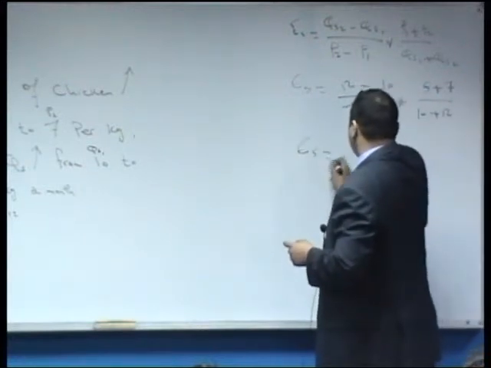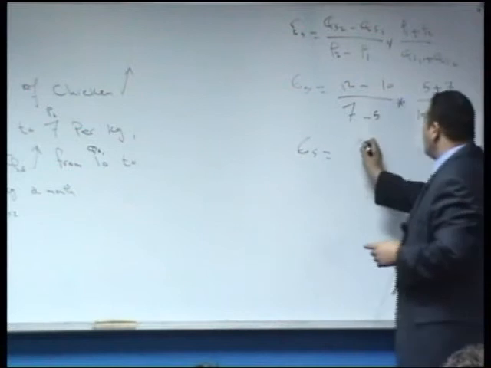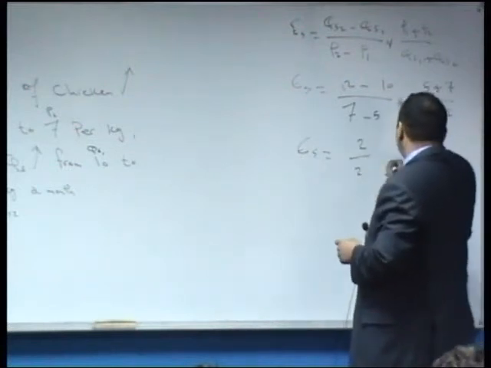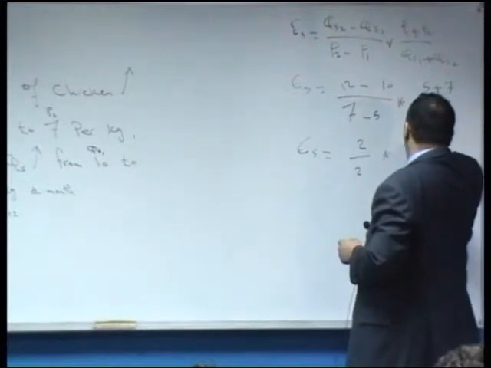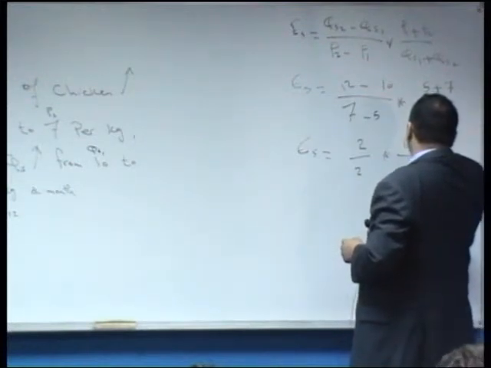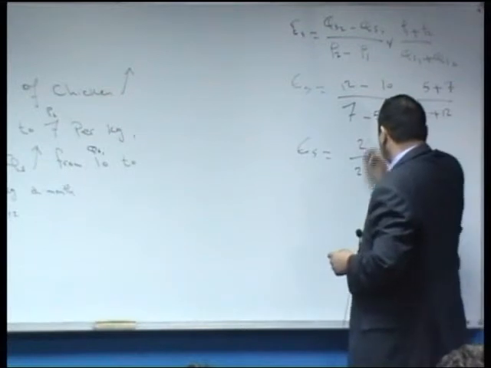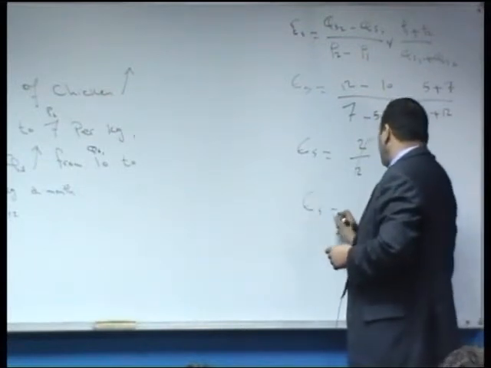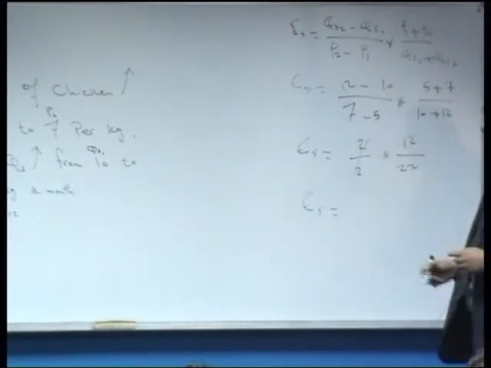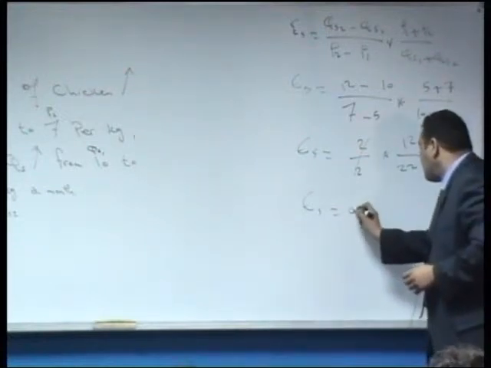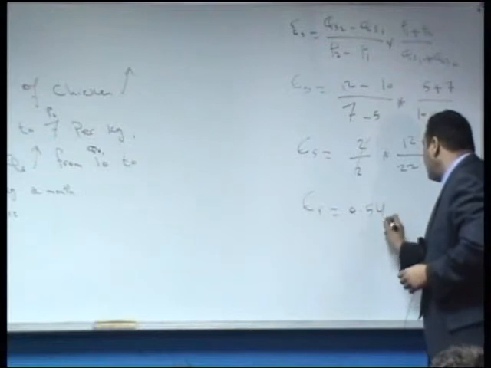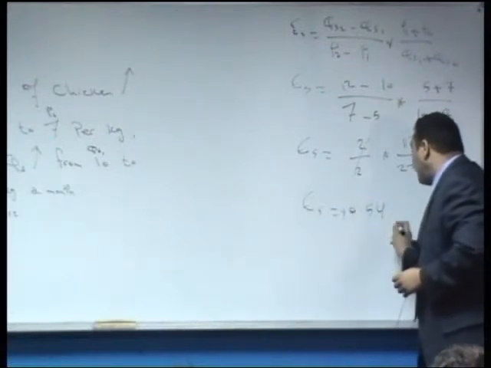So ES equals 2 over 2 times 12 over 22, which is about 0.54. And the sign is positive.